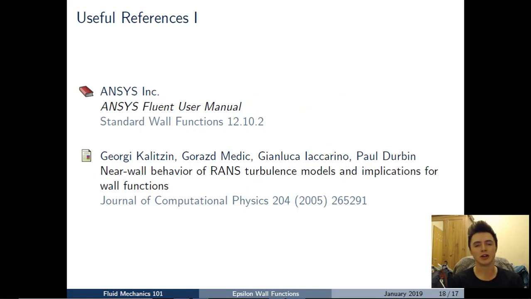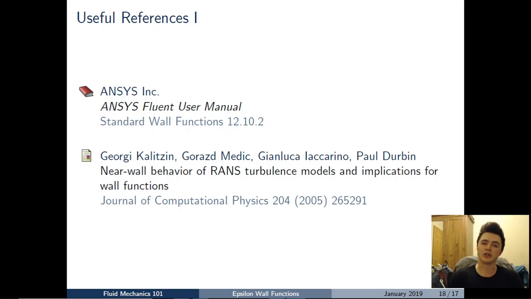So I've got a few useful references here for you if you'd like some further reading. The ANSYS Fluent user manual is always a very useful source for a quick browse and a reminder of how these wall functions work. And the section you're looking for is 12.10.2, and of course there's going to be a link for that down in the description of this video.